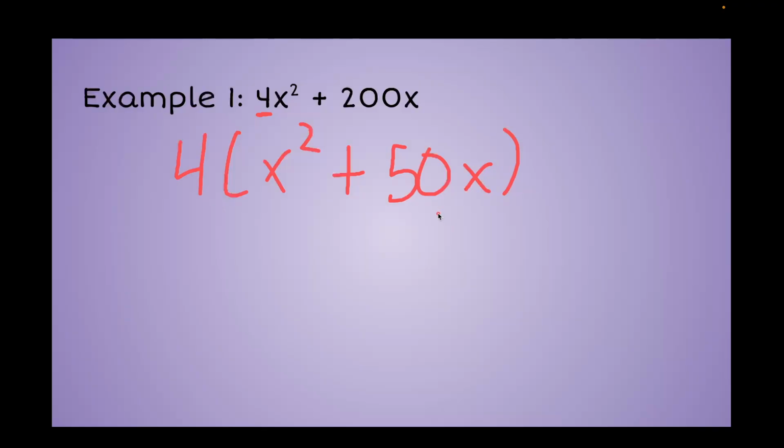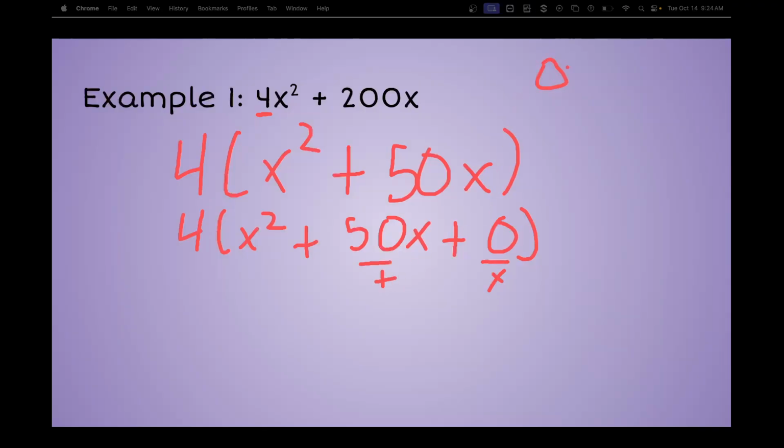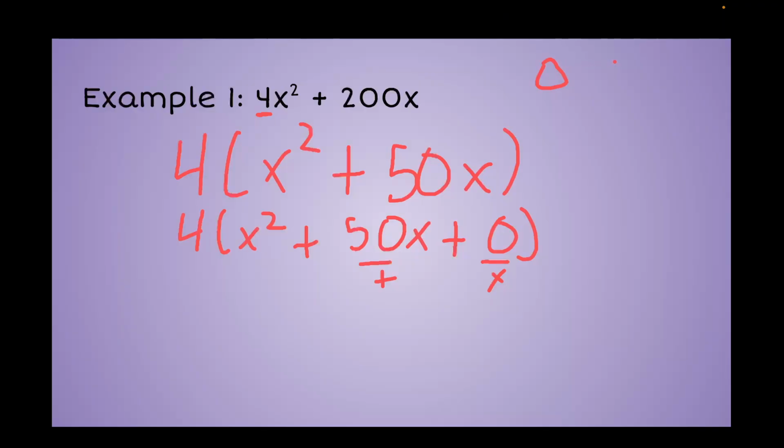So let's do the slow way first. So the slow way is put a 0 there so that you can factor it normally. What multiplies to 0 and adds up to 50? One of them has to be 0 so that I can multiply to 0. 0 plus what is 50? 50.